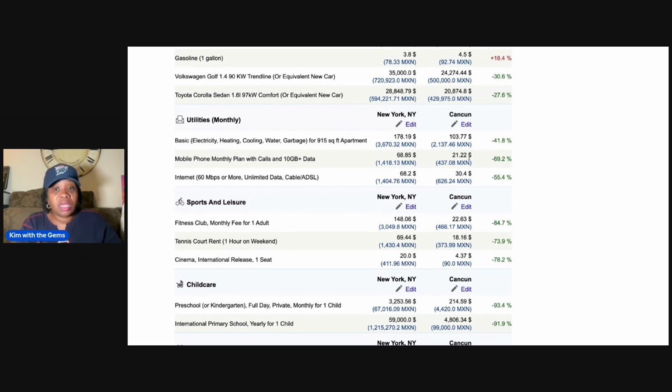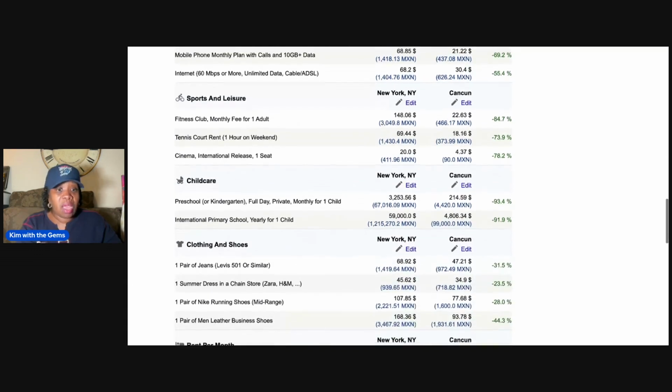In Mexico it's $21, which is almost 69% savings. Internet, you're looking at a 55% savings. Basic utilities, including heating, cooling, water, and garbage for a 915 square foot apartment. In New York, it's $178, so they say. I don't believe that, but it's $103 in Mexico.